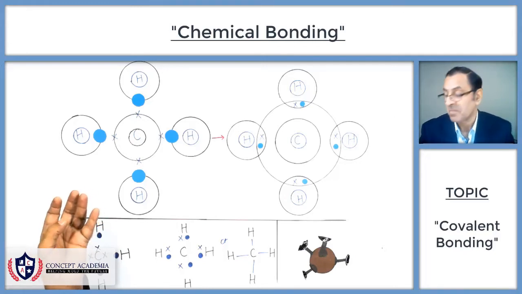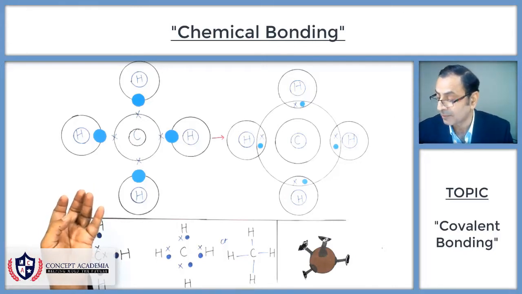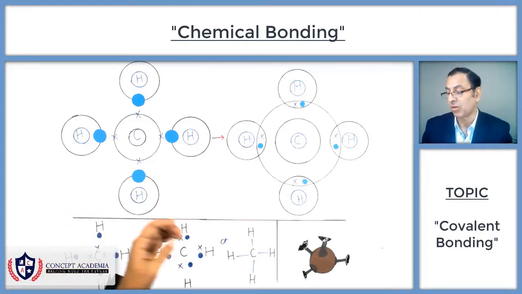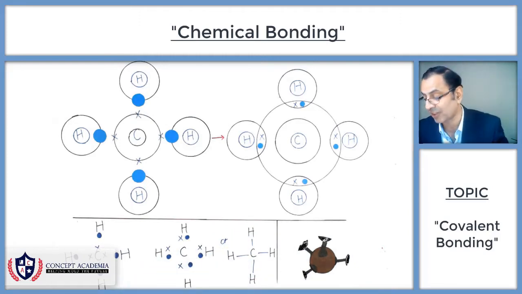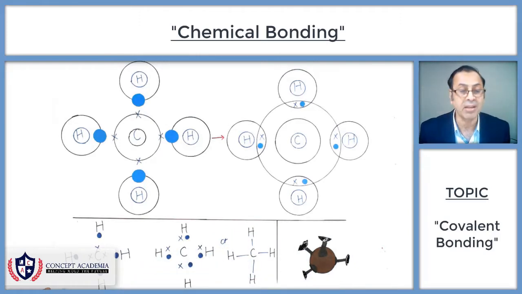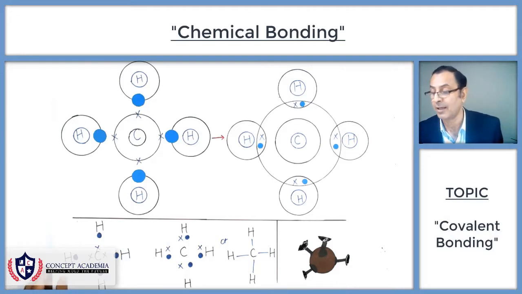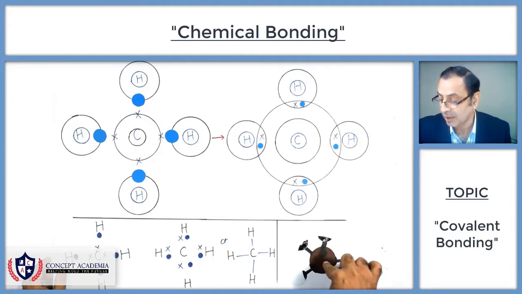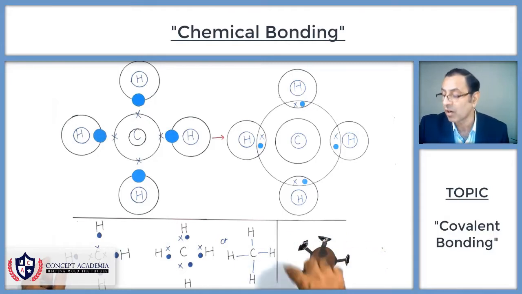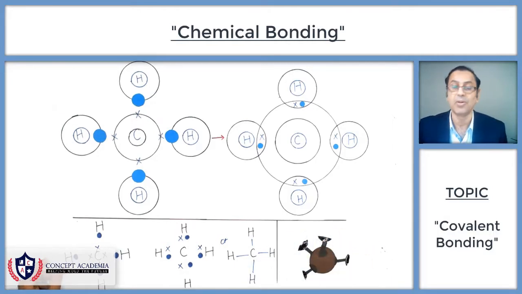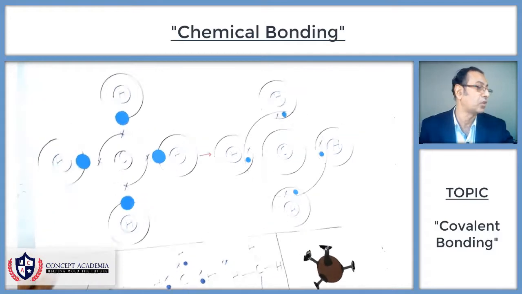So the covalent molecules have definite shape because they have definite bond lengths and definite directions. So the methane shape is the tetrahedral shape. Carbon is coming in the middle, and the hydrogens are taking the four corners, and therefore this is the tetrahedral shape.